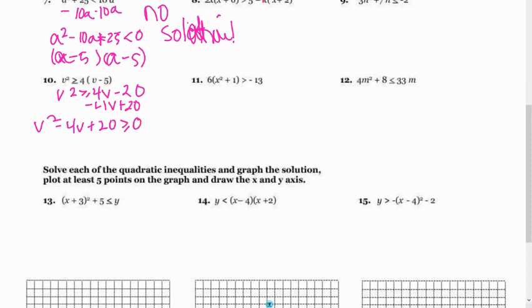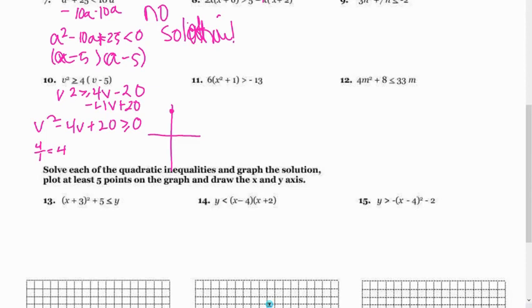And then when I look at this, I notice that I can't think of factors of 20 that add to -4. And I know, for example, that my y-intercept is at 20. It's way up here. And if I wondered where the vertex was, I could find that too. Like negative b over 2a would be positive 4 over 1.